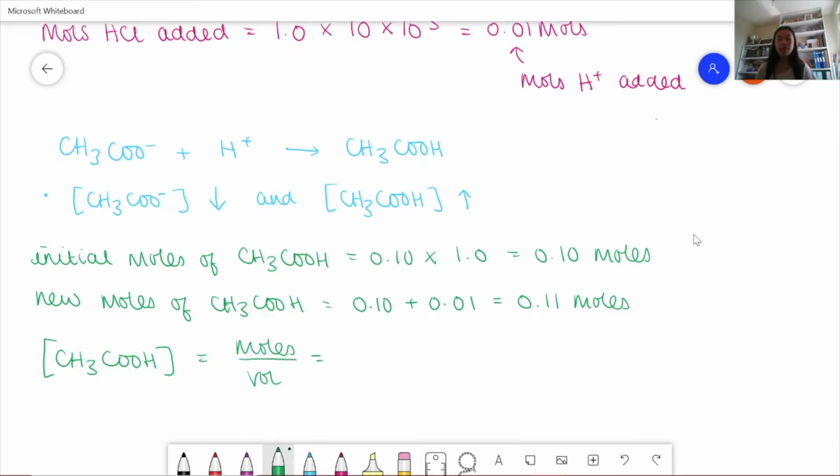And then we have 0.11, and then we put this over the volume of the entire buffer. So the volume of the buffer was 1 decimeter cubed from the question. So we put it over 1, and then we get 0.11 moles per decimeter cubed. And now we go through the same process, but with the ethanoate.